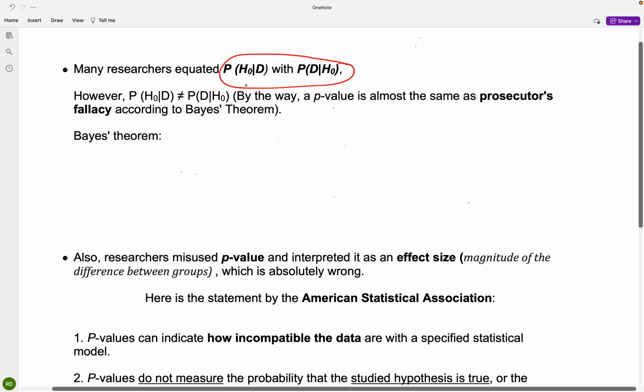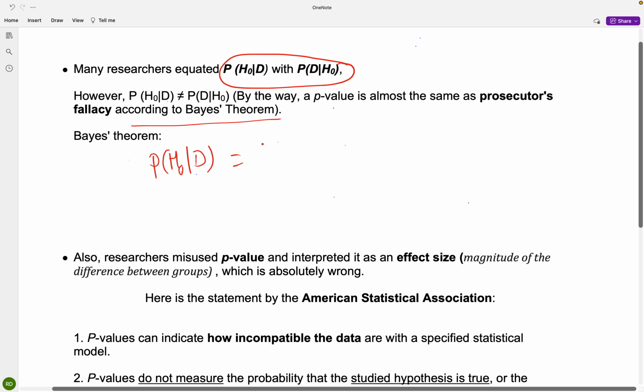So p-value is very closely related to the prosecutor's fallacy, according to Bayes' theorem. What is Bayes' theorem? Bayes' theorem asks what is the probability of the null hypothesis being true given the data you got.